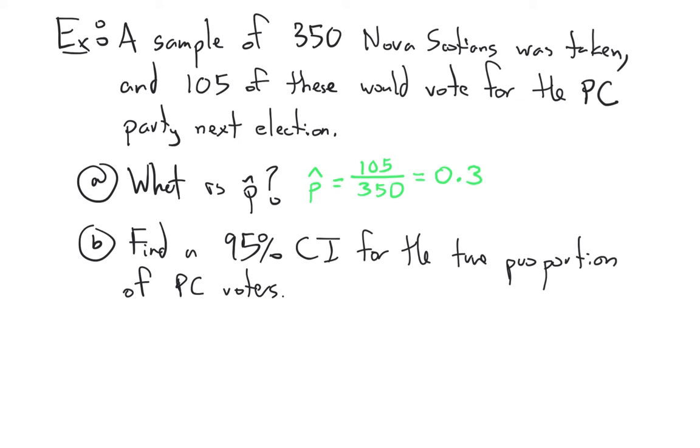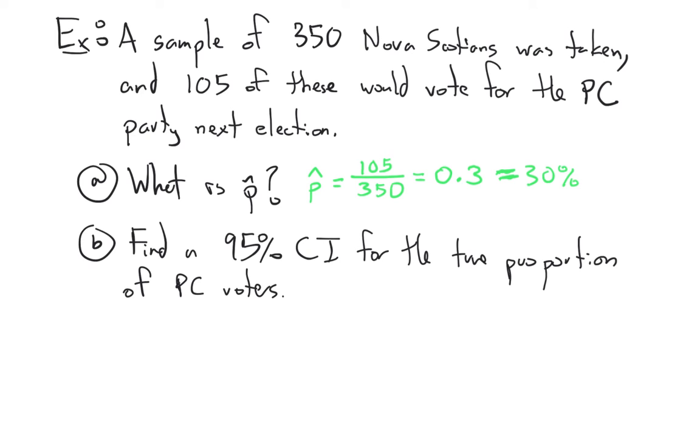So that's our sample proportion. Remember, 0.3 is exactly equal to 30%. So 30% of the voters we asked would vote for the Progressive Conservatives in the next provincial election.